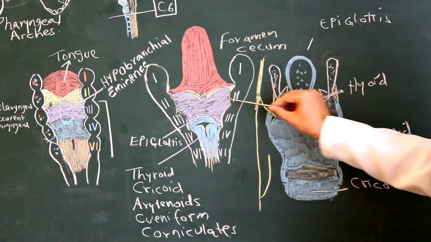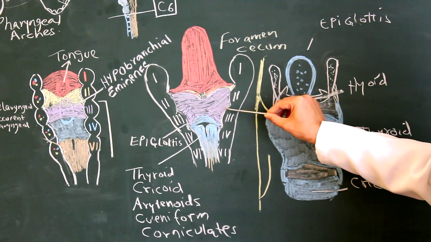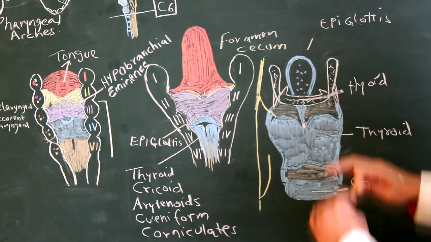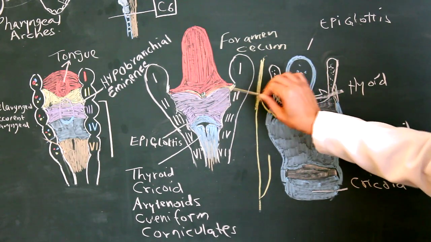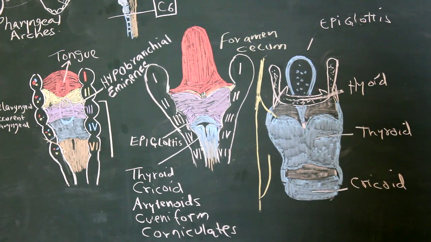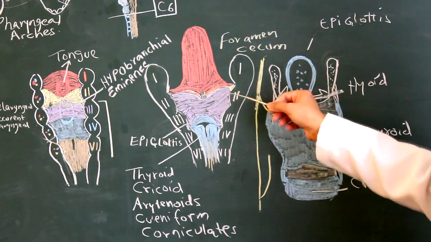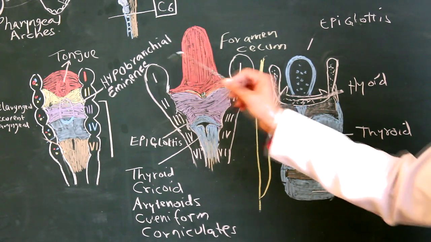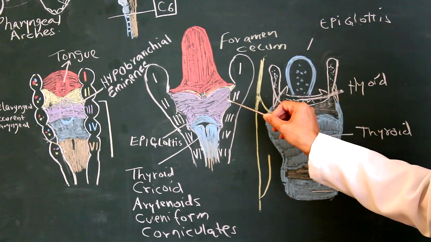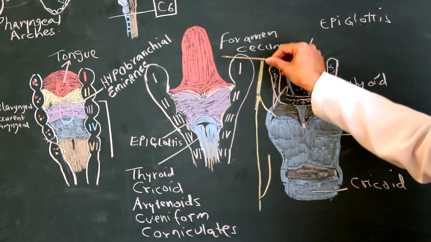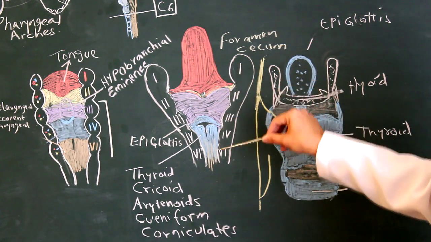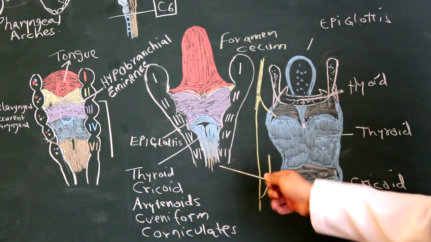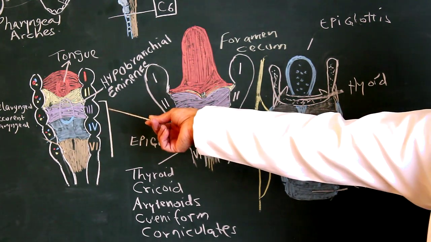Then the 3rd arch has overgrown and undermined the 2nd arch, and it gives rise to the posterior 1/3 of the tongue. The sensory innervation of the posterior 1/3 of the tongue comes from the 9th cranial nerve, the glossopharyngeal nerve. Glosso means serving the tongue; pharyngeal, it is also serving part of the pharynx. The 9th cranial nerve is the nerve of the 3rd arch.